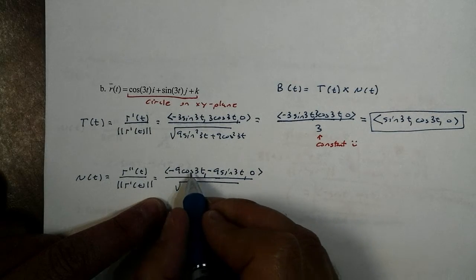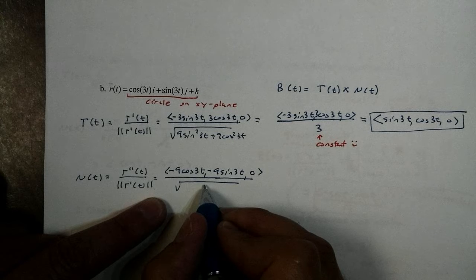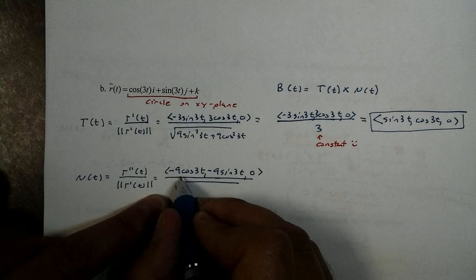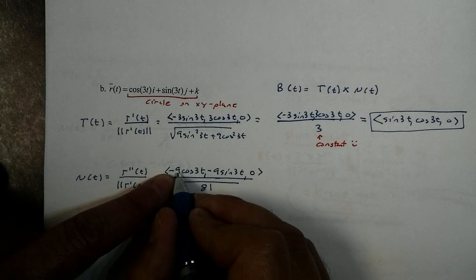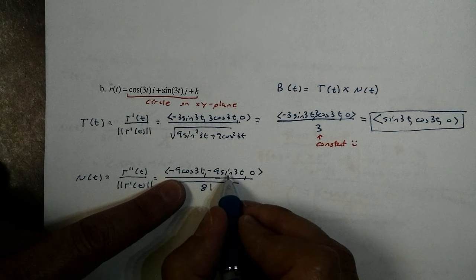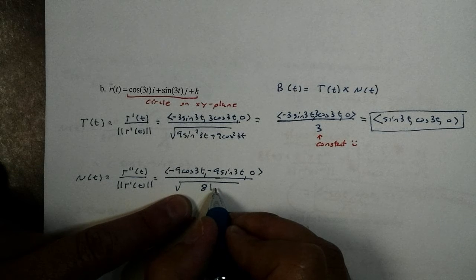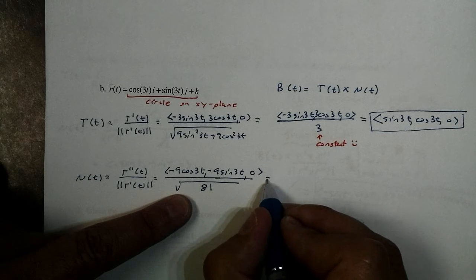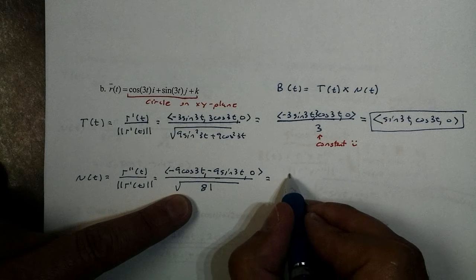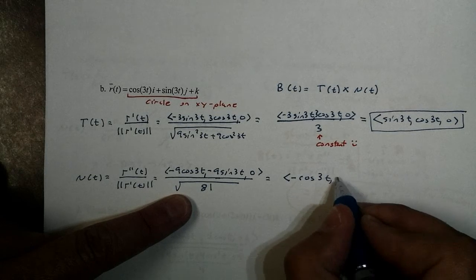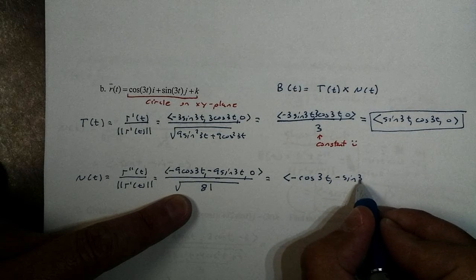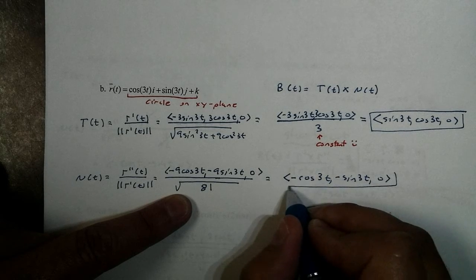Hopefully we're getting a little bit faster with this. That's going to become the square root of 81, because that's 81 cosine squared plus 81 sine squared. And again, those 9s are all going to cancel, and what we're left with is negative cosine 3t, negative sine 3t, 0.